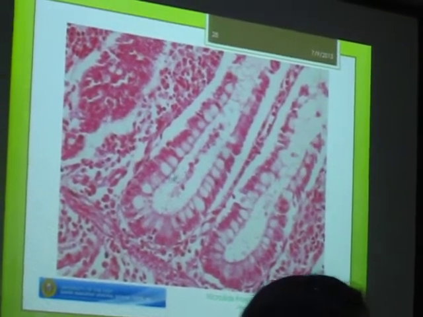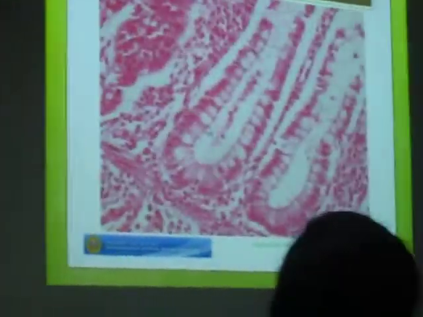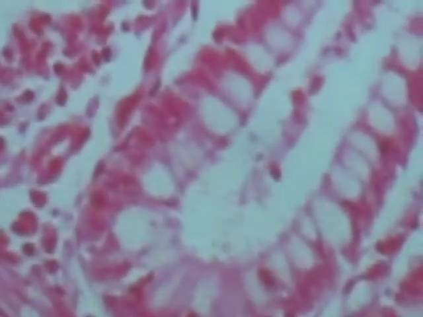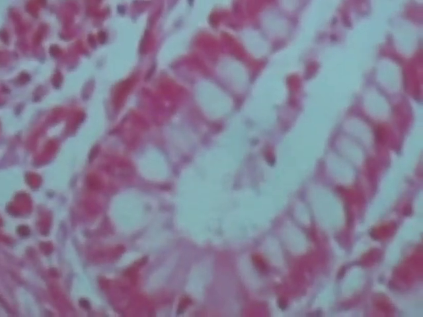So look at the cytoplasm. Diba it's pale or almost clear? So which type of secretion has this characteristic? Mucus. Correct. Mucus gland.